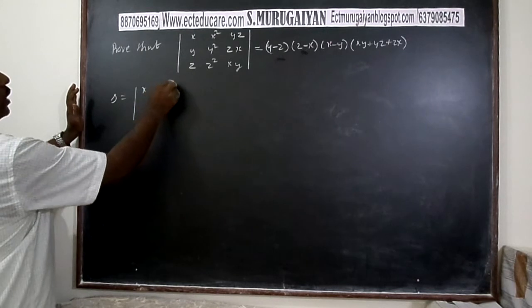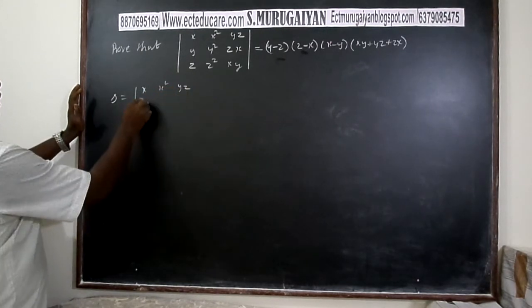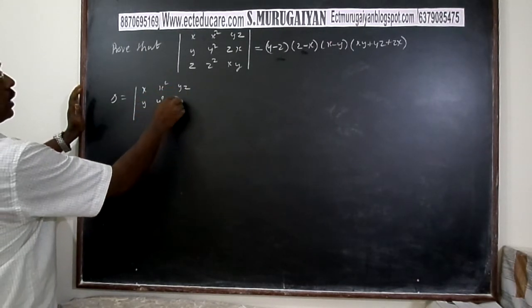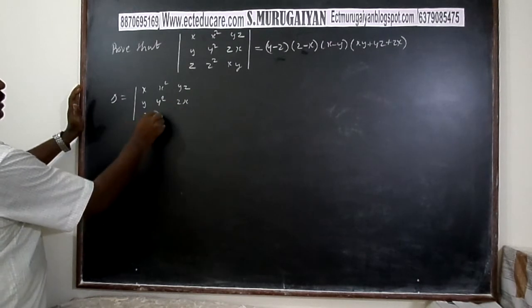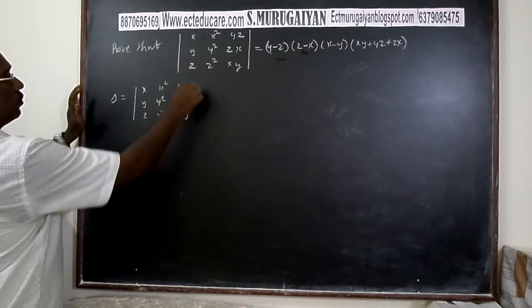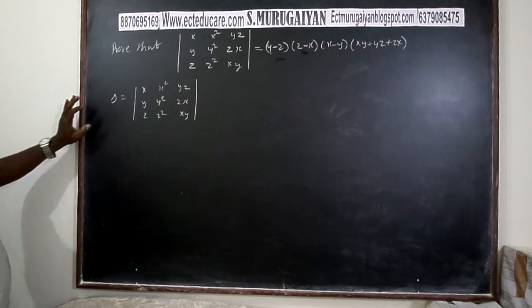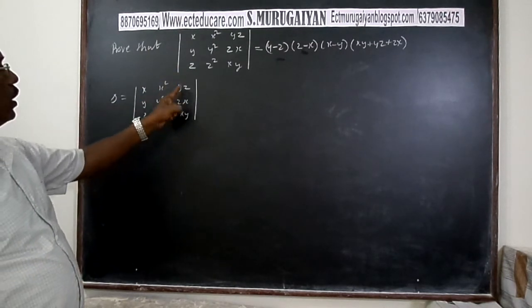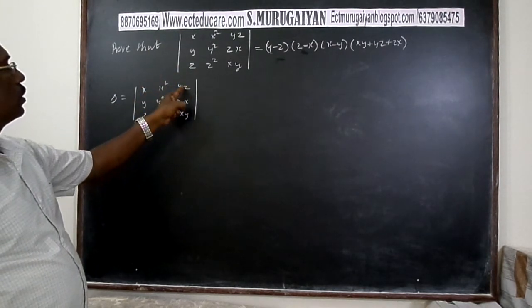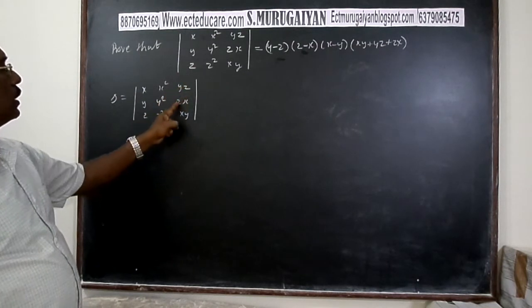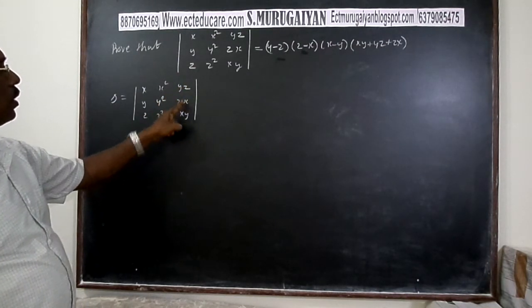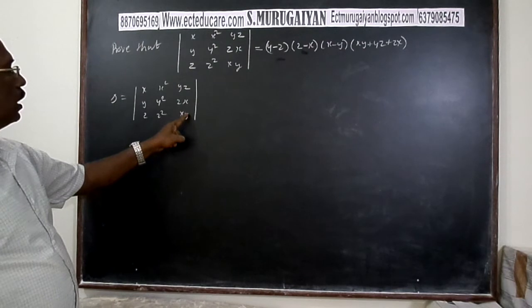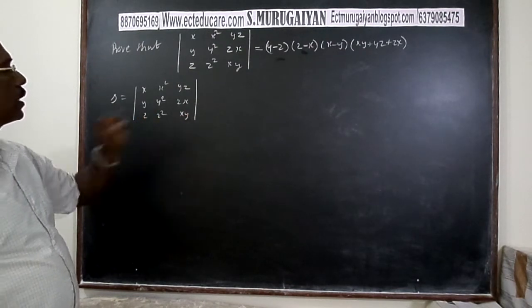X square, yz, and y square, zx, z square, xy. Okay, just look at the C3, yz, and the x factor is left out, zx, the y factor is left out, xy, then the z factor is left out.